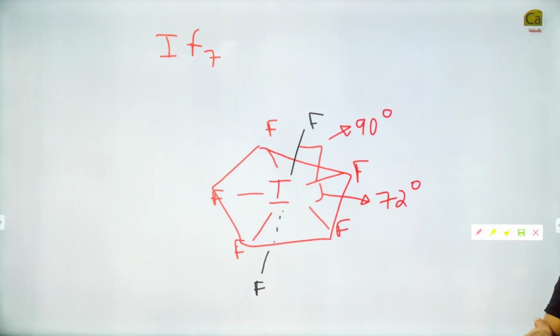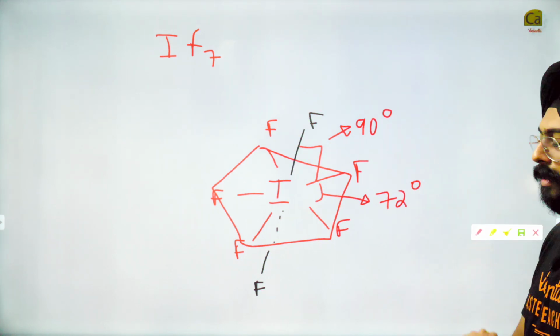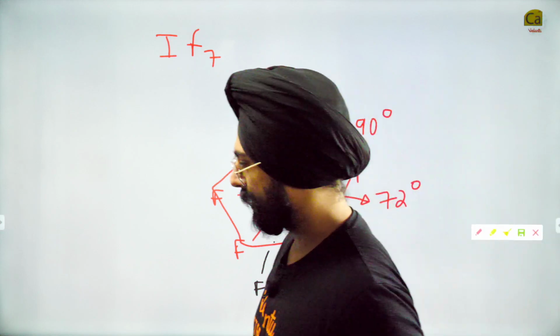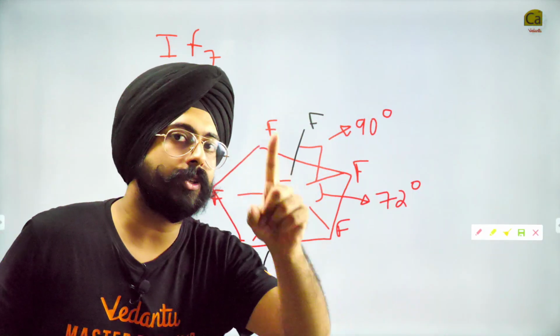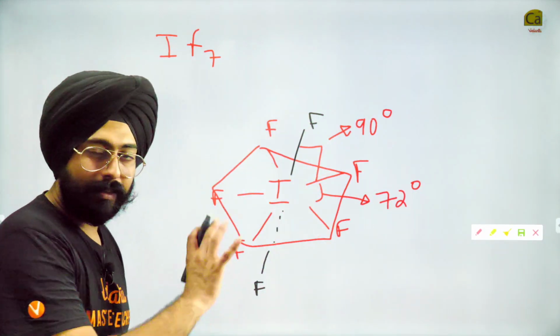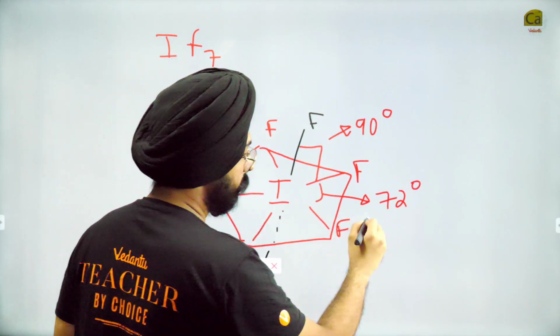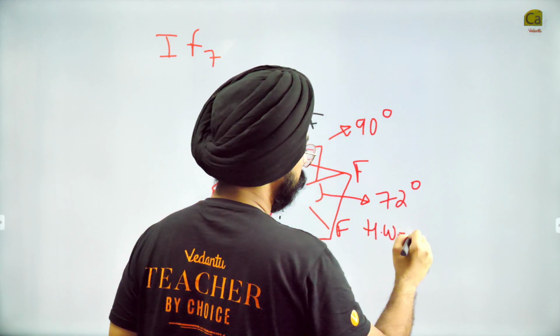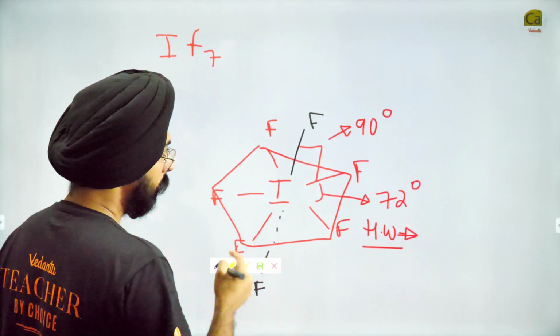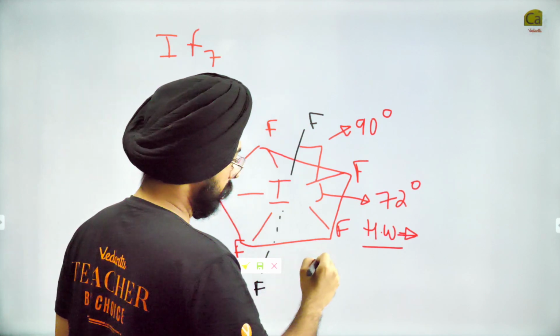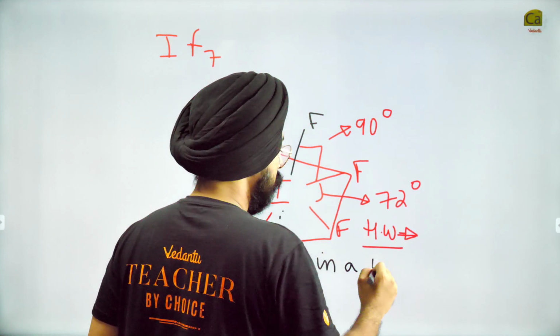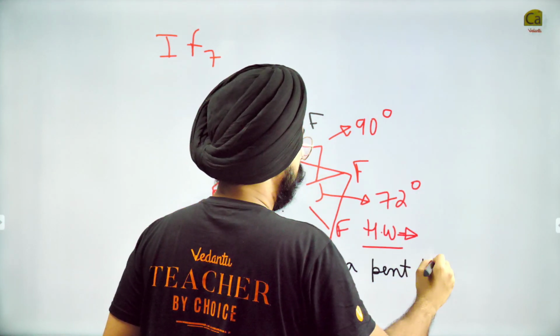Now my dear friends, 72 degrees, 90 degrees. My question to you is, this is your homework question. You have to answer this in the comment section down below. I have to teach something more. The class is not over yet, but this is a homework question for you.